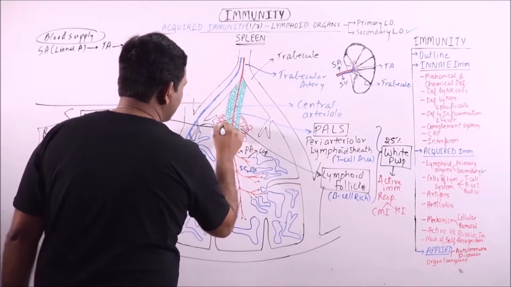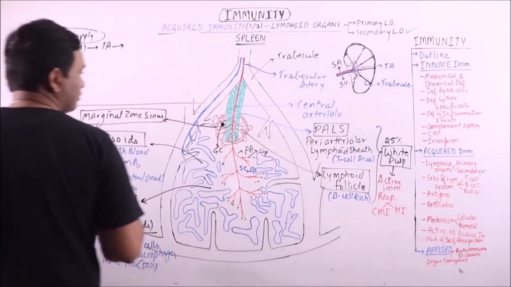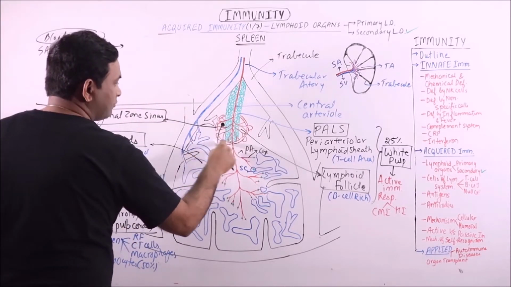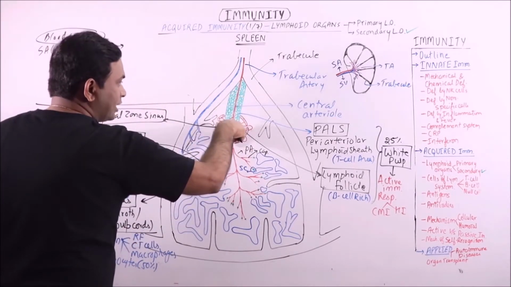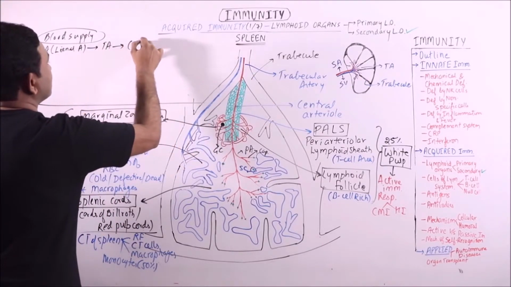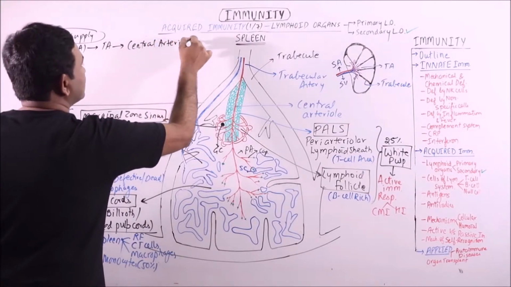This is a lymphoid follicle. There may be some germinal centers also, which develop after interaction with antigen. When it continues into the lymphoid follicle, it becomes the central arteriole.